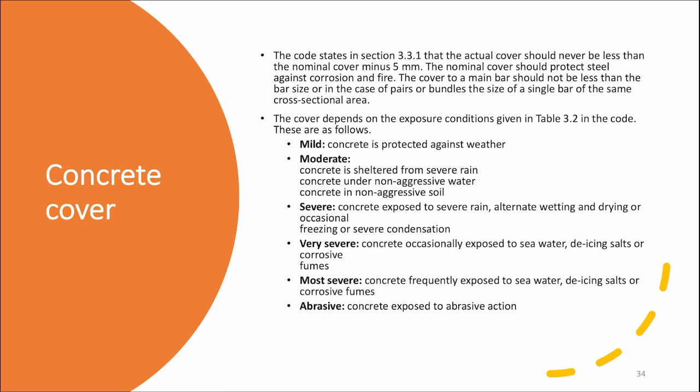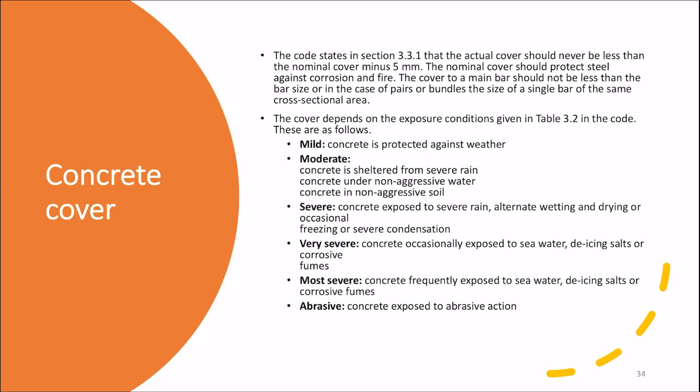The cover to a main bar should not be less than the bar size, or in the case of pairs or bundles, the size of a single bar of the same cross-sectional area. The cover depends on the exposure condition given in table 3.2 in the code. We have mild, moderate, severe, very severe, most severe and abrasive. It always depends on the weather.